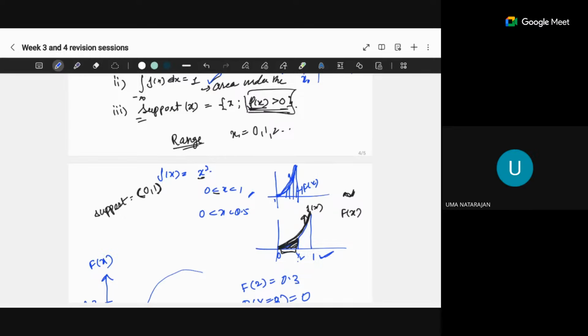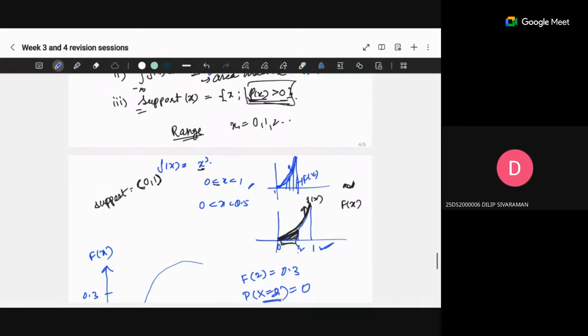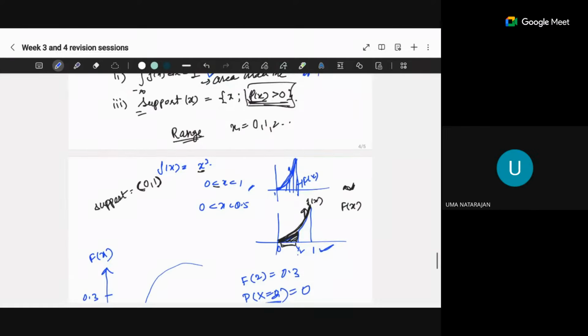So I think the 0 to 1 is applicable only for the y-axis, whereas x can take values even more than 1. That is my understanding. Is that so?